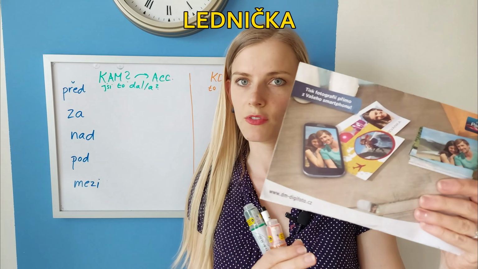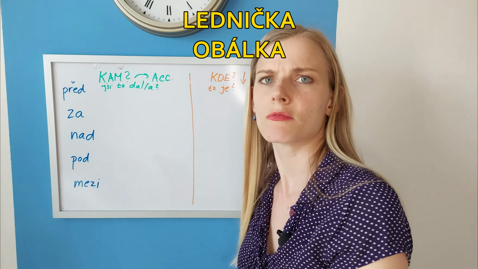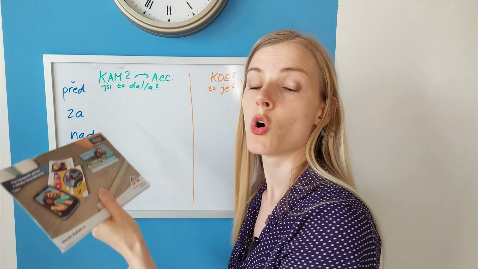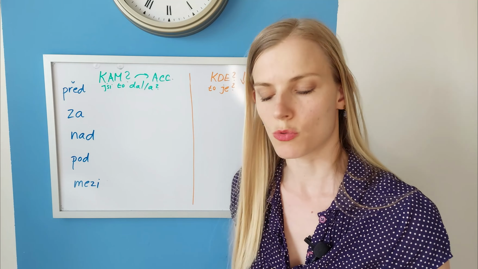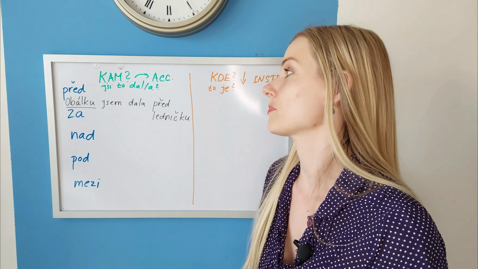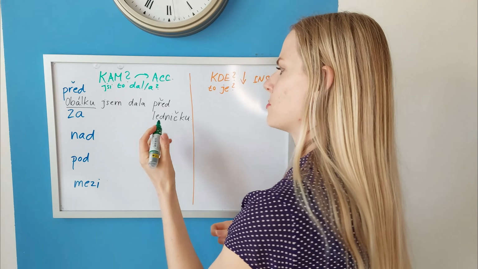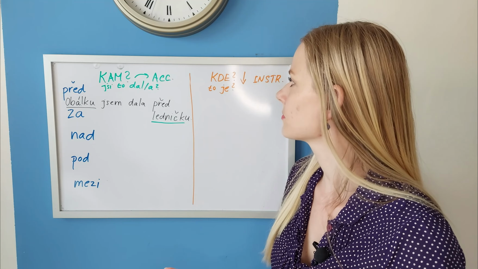So I have this envelope, obálka, and I want to hide it somewhere around the fridge. I could say, obálku jsem dala před ledničku. I put the envelope in front of the fridge. Před ledničku, and this is the accusative case.